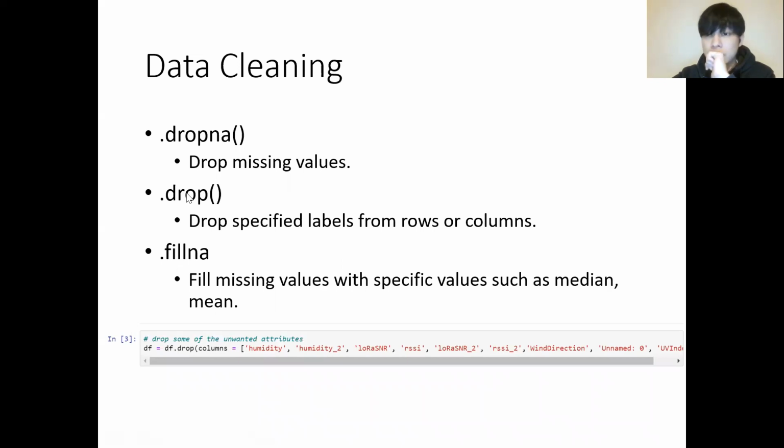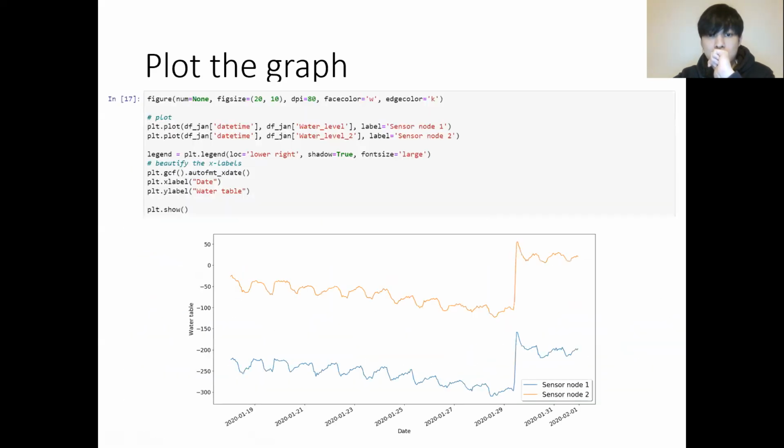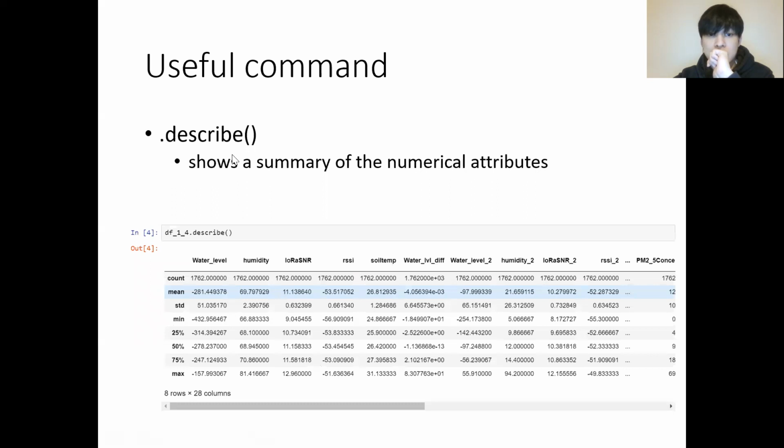So after you get the basic idea of your data, you have to prepare the data for the training. What kind of preparation do you have to do? One of the very common problems that you will face when you do data analytics is missing values. What do we mean by missing values? In the case just now, we have seen that we have many attributes, like water level, humidity, and so on.